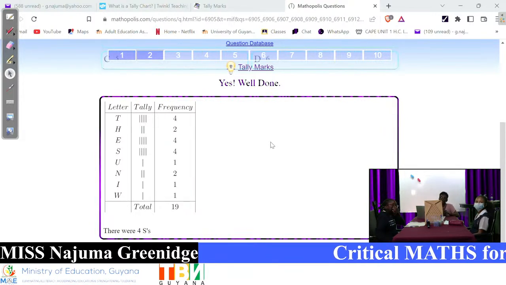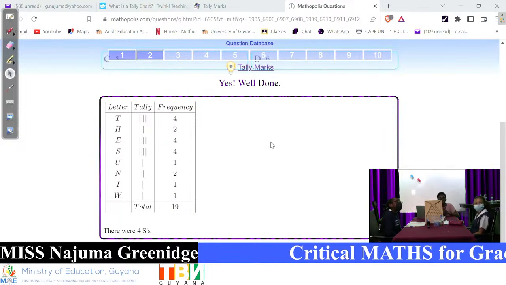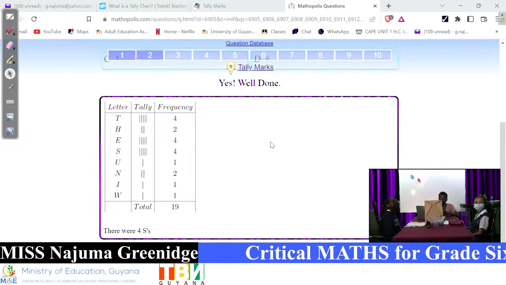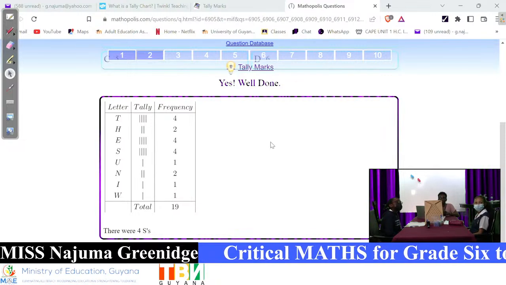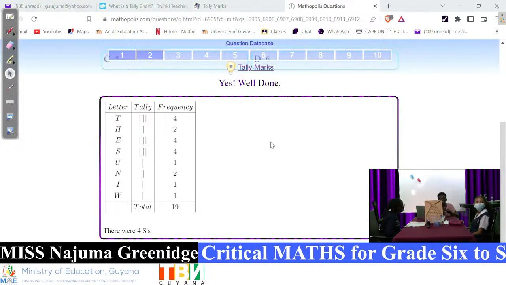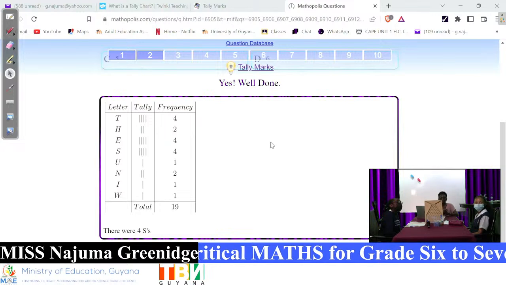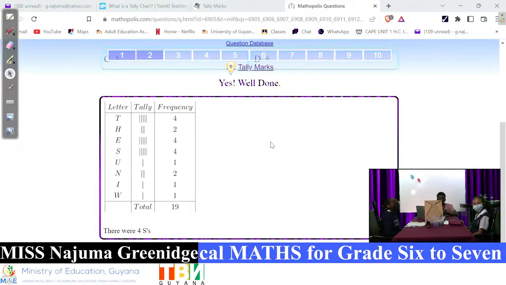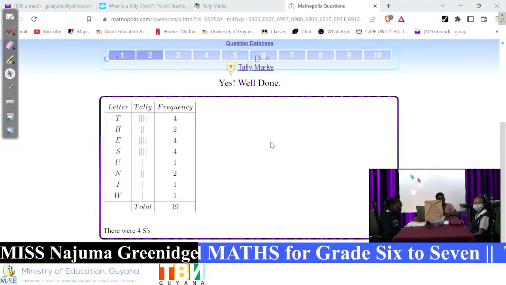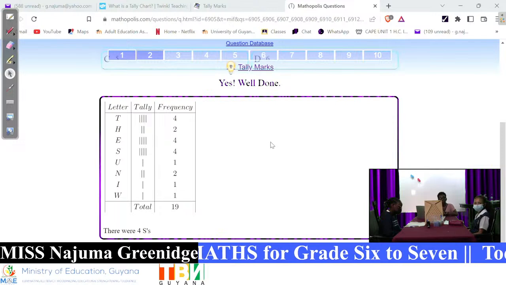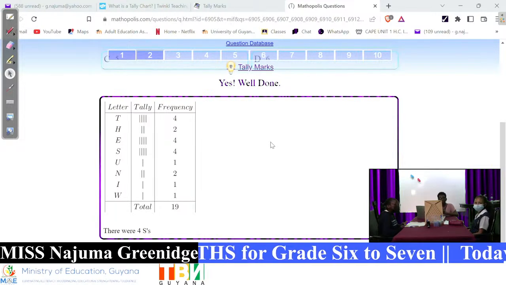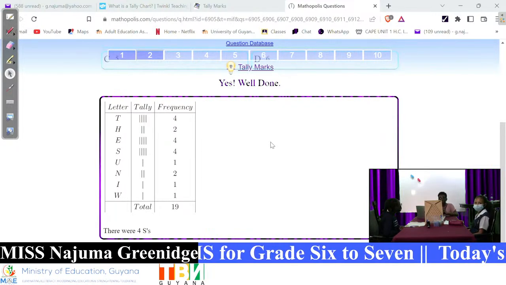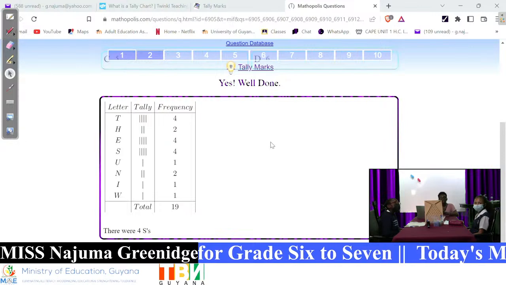In the letter column you write T once, but to account for 4 T's, your frequency is going to show 4. And hence your tally likewise: you have 4 symbols representing the number 4.